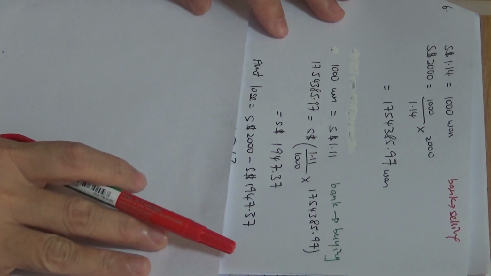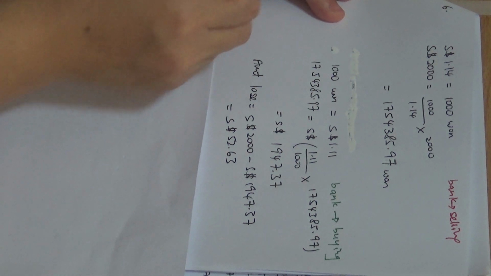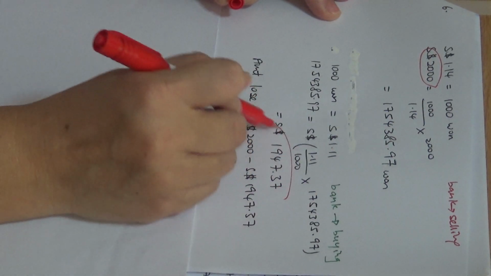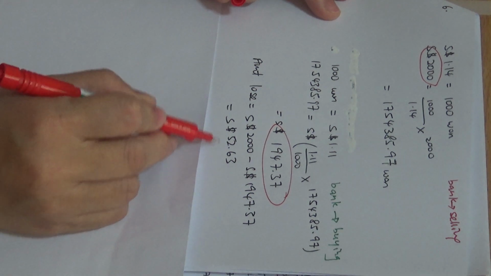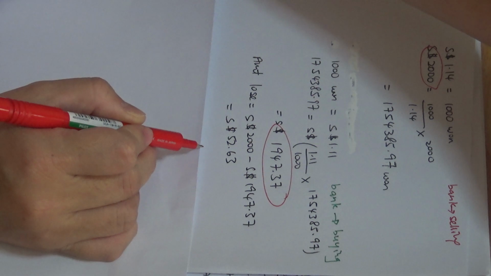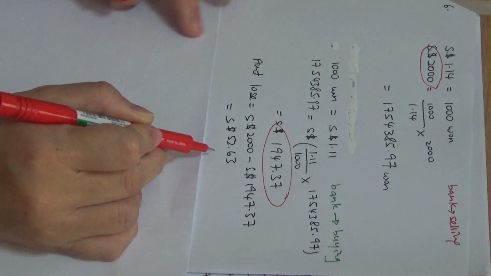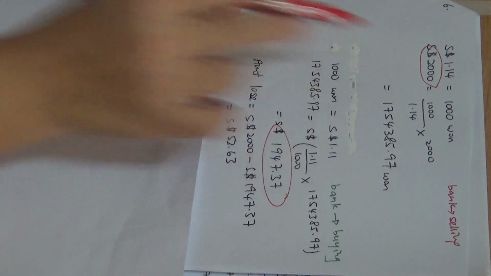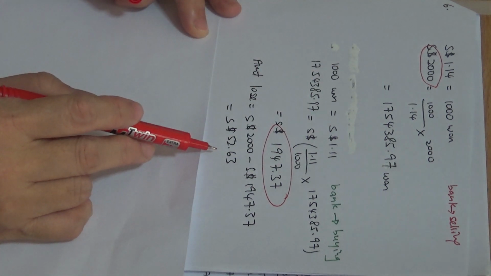And they say amount lost. What is the amount lost? It will be this minus this. This will be the amount that Kok Soon lost, because he got back less than $2,000, and this is the amount that he lost.